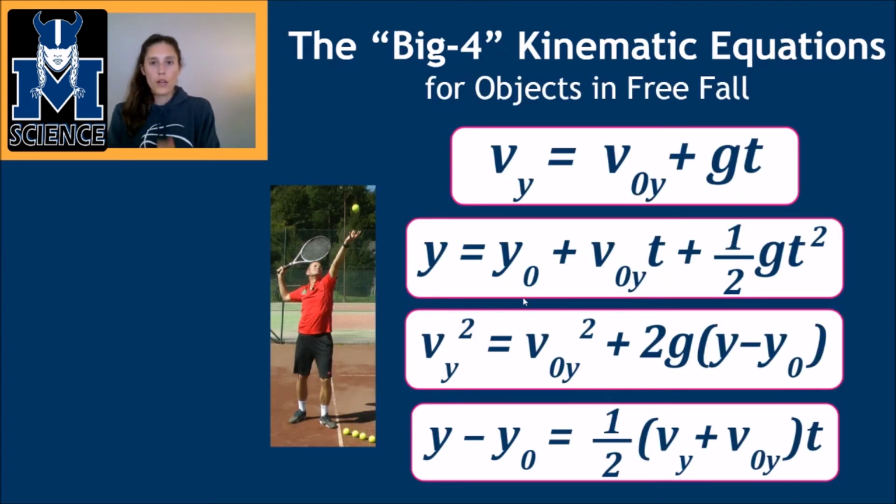Great news. The 4 equations that you learned for horizontal constant acceleration motion are still in play. They still work. We're going to make some small adjustments to our variables just to indicate that we're dealing in the y direction instead of the x direction, so the vertical direction instead of the horizontal direction.